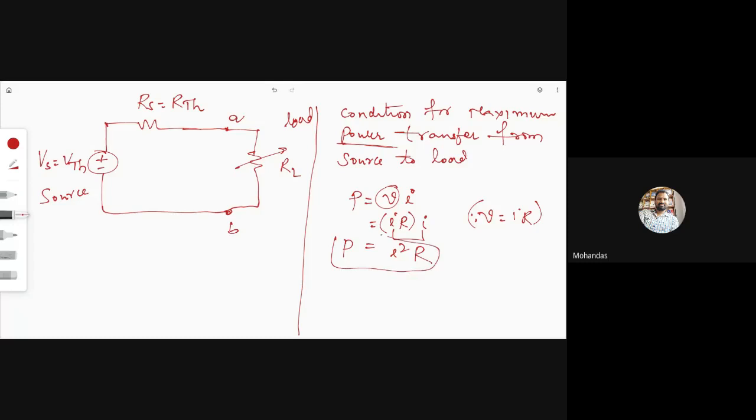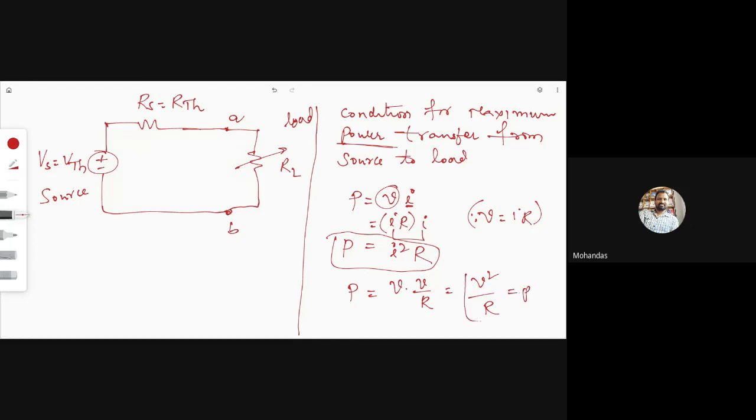V into I, another one is I square into R also. And we can also have another formula: you can write I equal to V by R, so power equals V square by R. This is another formula for power.